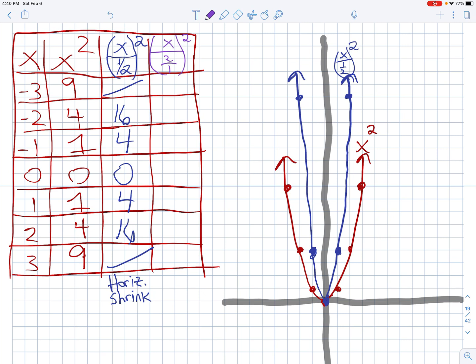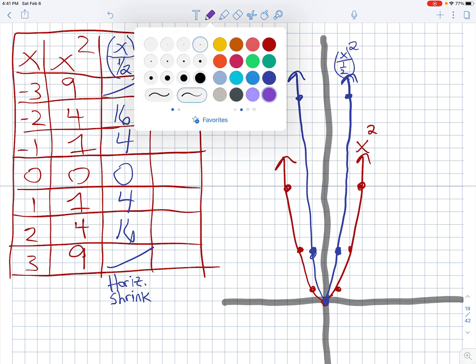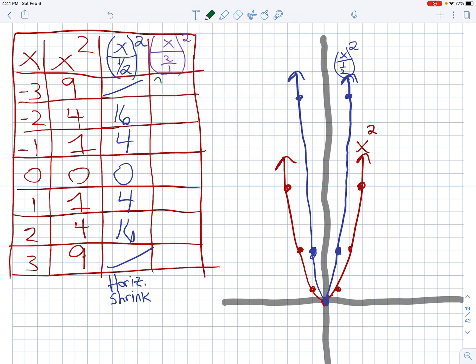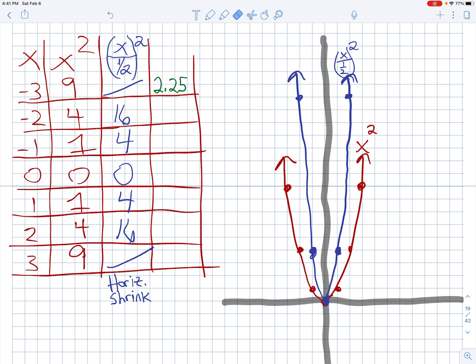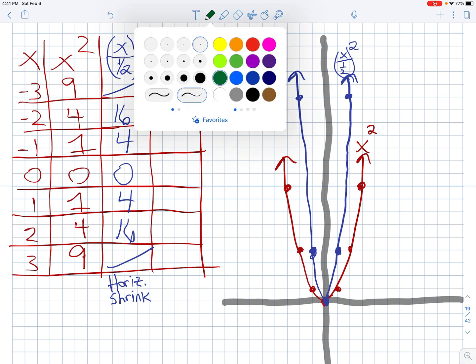Once again, there's a reason why I am writing it like this. So for (x divided by 2 over 1) squared, I'm going to do negative 3 to 3. Negative 3 divided by 2 over 1 is really negative 3 times a half, squared. Negative 3 over 2 squared is 9 over 4, or 2.25.